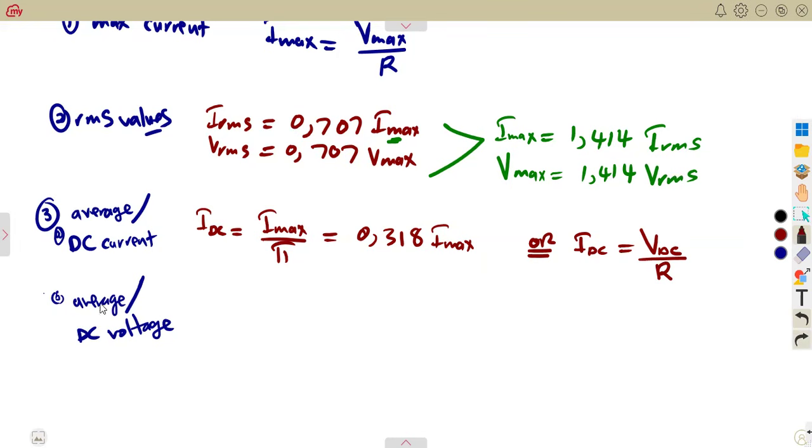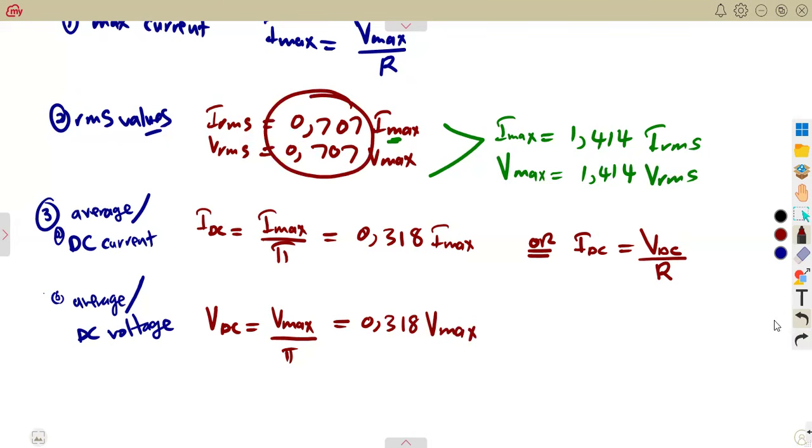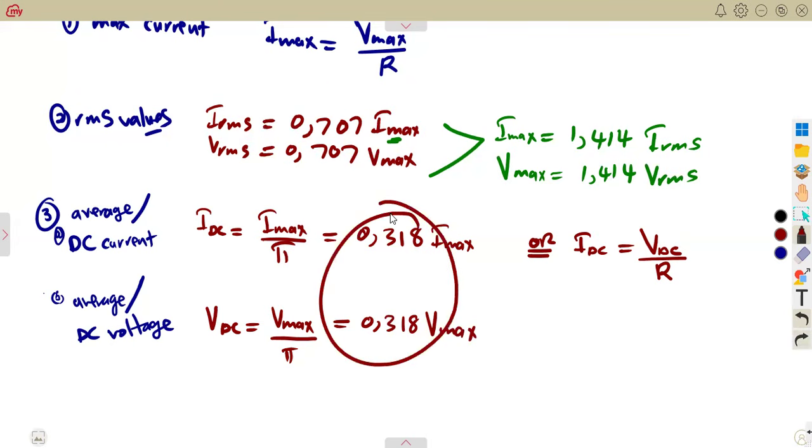The average value of the DC voltage can be given as VDC, which is equal to the maximum voltage over pi. This is simply from the same calculations of the average values.